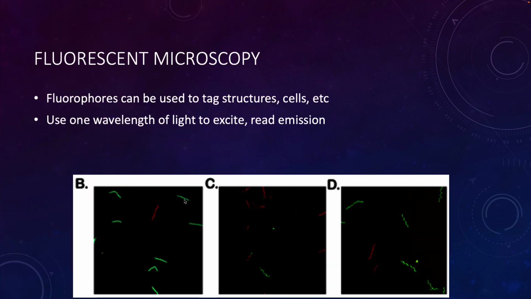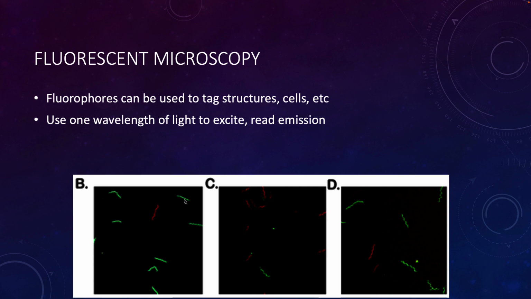Fluorescent microscopy is also very common, but we begin to get more expensive as we move from regular light microscopy to phase contrast to fluorescence, and then what we'll talk about is electron microscopy next. With fluorescence microscopy, you use what are called fluorophores, or compounds that will emit and have different wavelengths of light, basically, so you can see them as different colors.